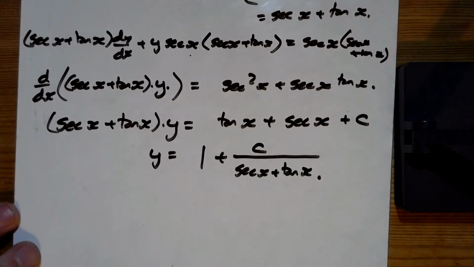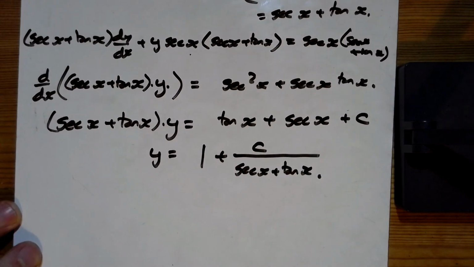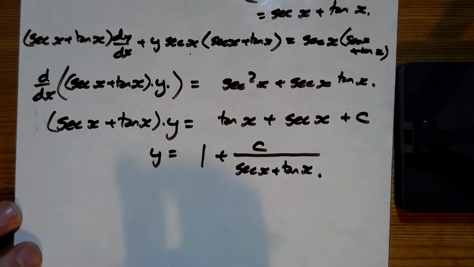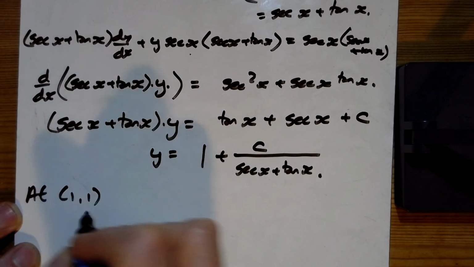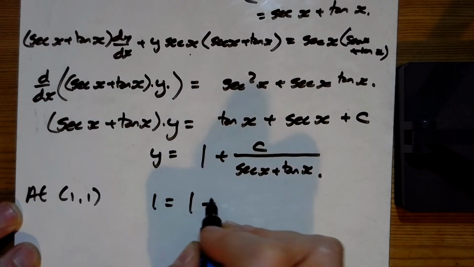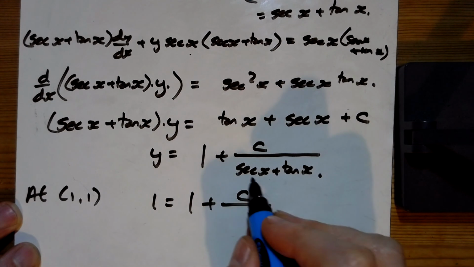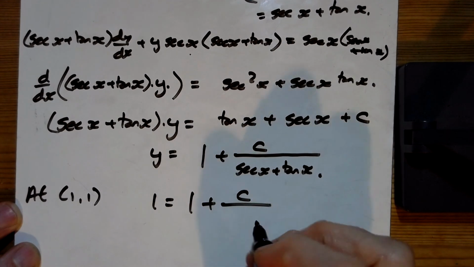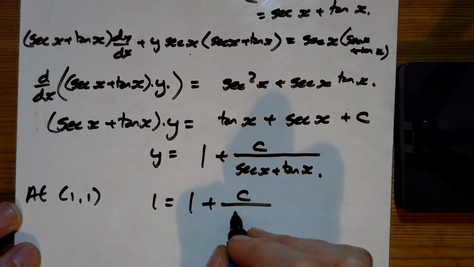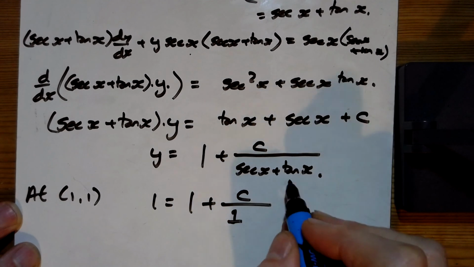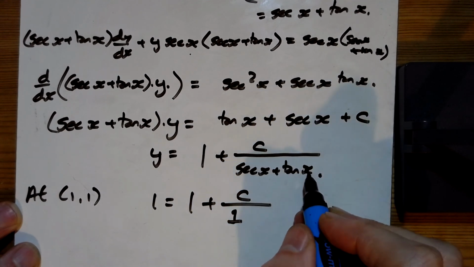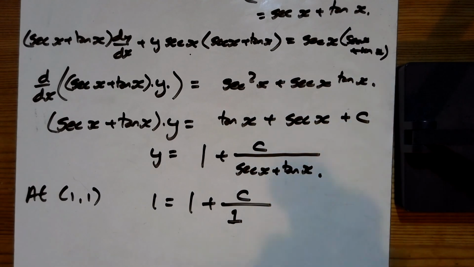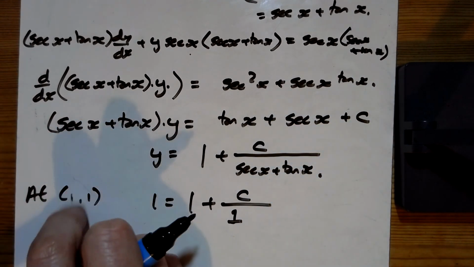Need to put some numbers in, do we? Got to put in, it's 1, 1 again. So 1 equals 1 plus c over, well, the sec of 1 is 1, isn't it? And the tan of 1, hang on, we're not putting 1, 1 in again.